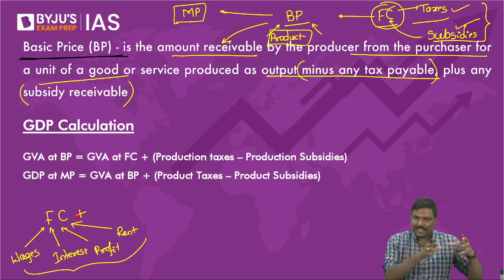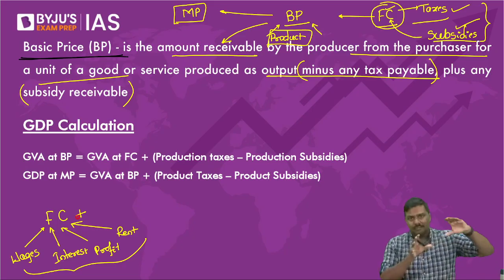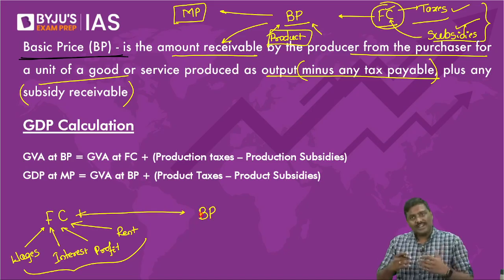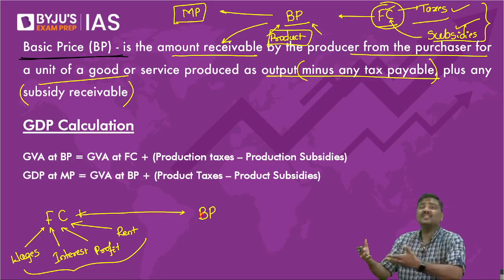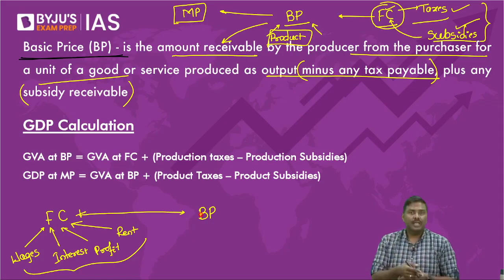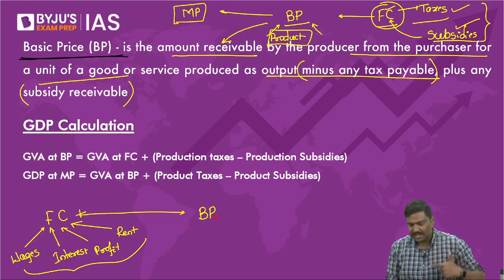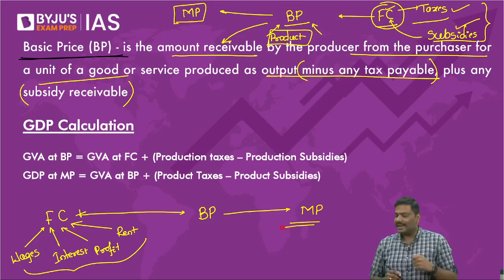When you adjust for those production taxes and production subsidies, you will move from the factor cost to the basic prices. But you have not adjusted all the taxes as well as subsidies. Now what will you do? You will adjust for product taxes and product subsidies. You will get market prices.